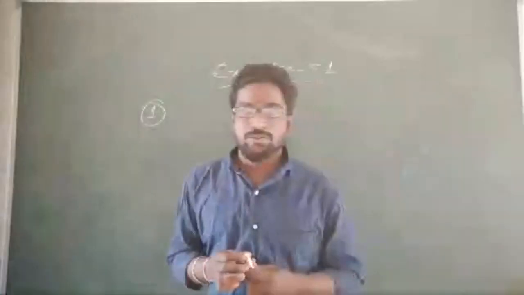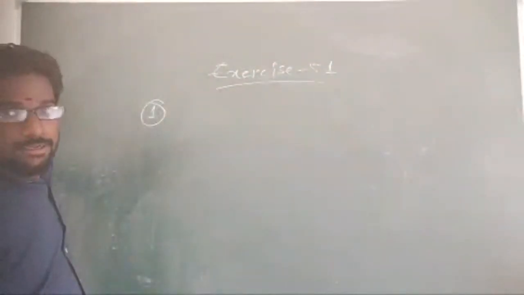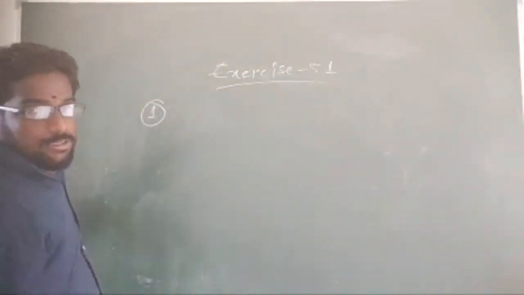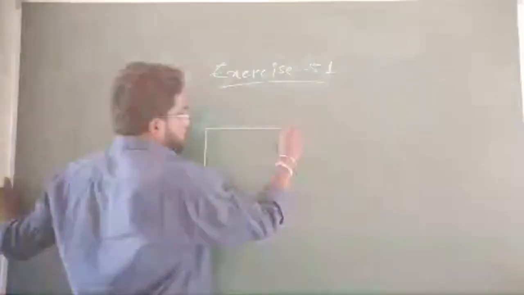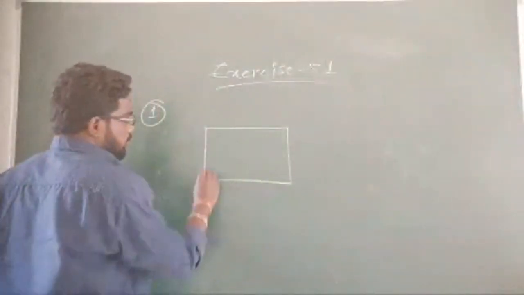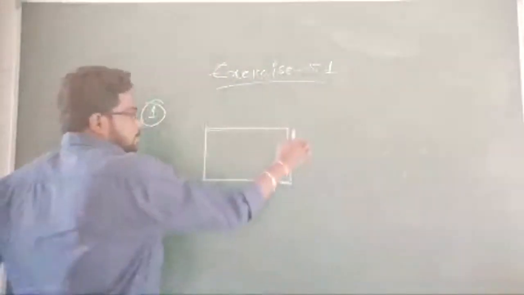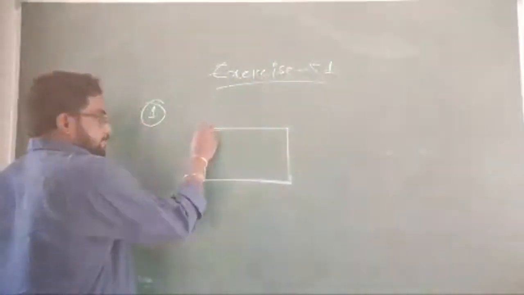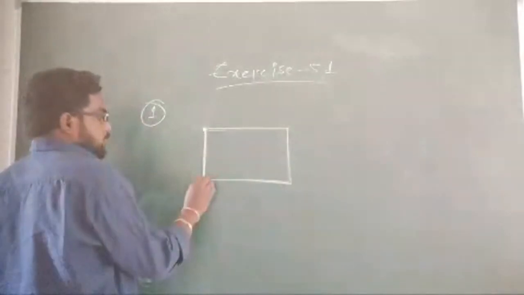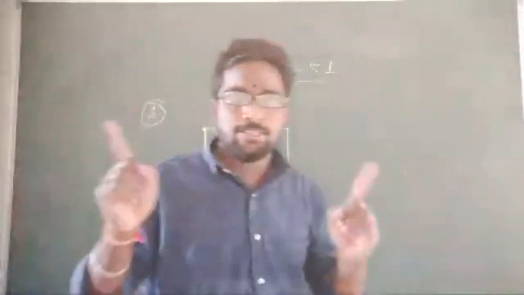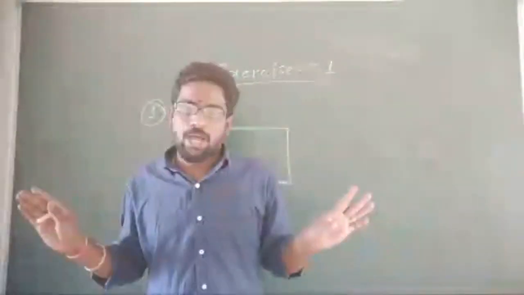For example, the edge of a blackboard. If you look at this edge of a blackboard, it looks like a line segment. See, if this is a blackboard, these edges look like line segments because this edge has 2 endpoints. If anything has 2 endpoints, it is called a line segment. We already know.